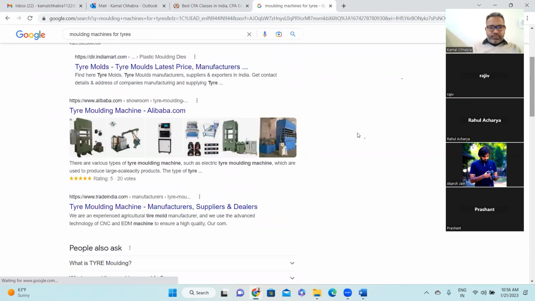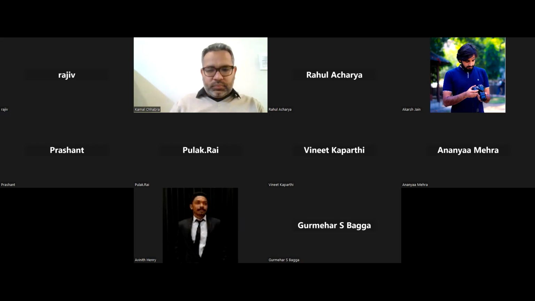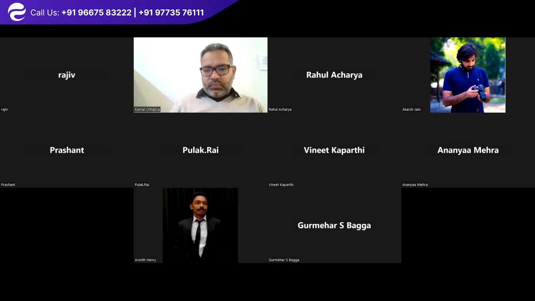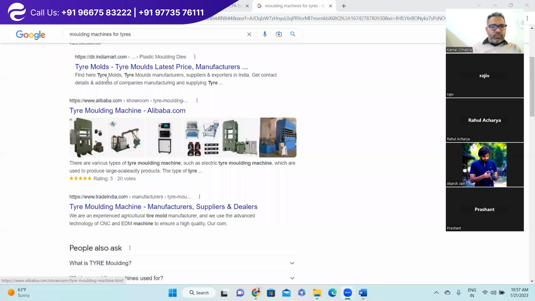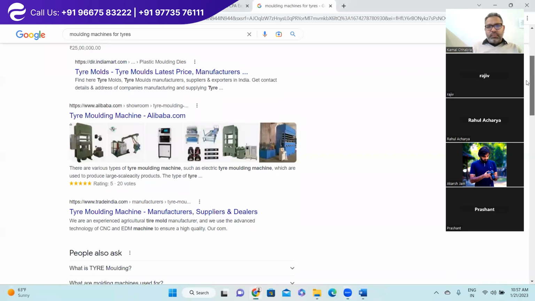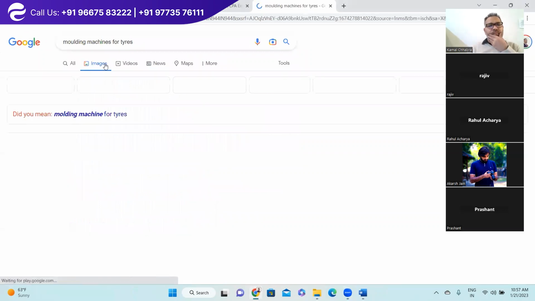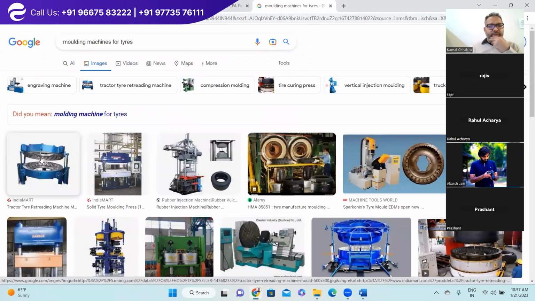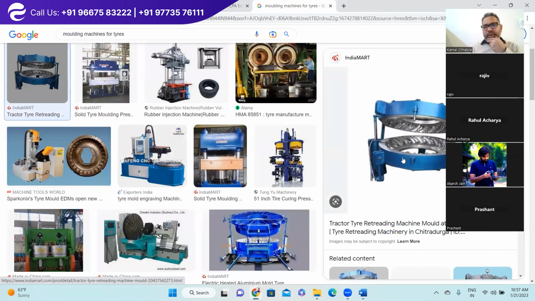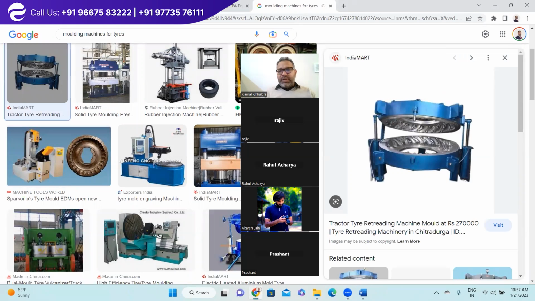One second. You see here, this one. Can you see this screen? This molding machine, which is a tire mold, on the left-hand side, right?